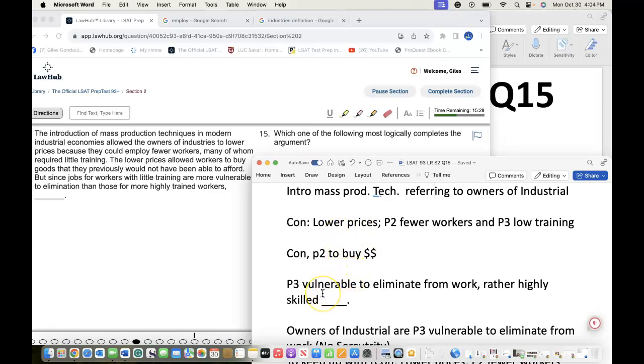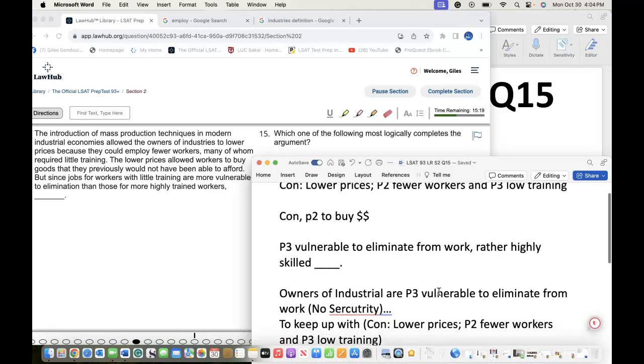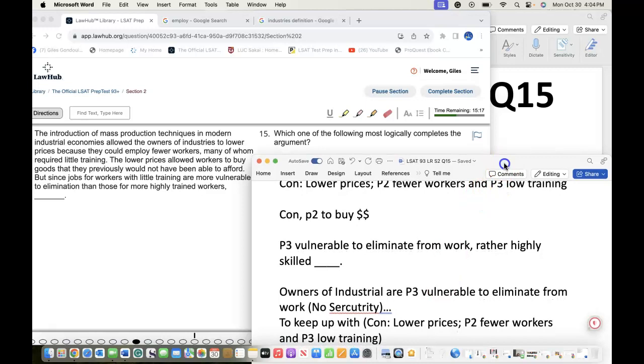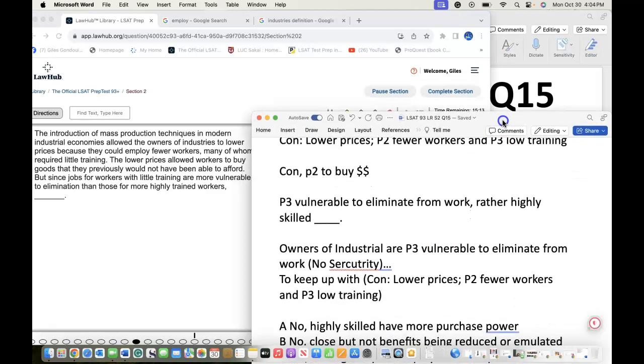So the last sentence here, vulnerable to elimination for work, rather than highly skilled. So basically, we're trying to come up with which of the following most likely completes the argument. So we're going to say that the owners of industries are in a position to eliminate work, and the workers have a sense of vulnerability.